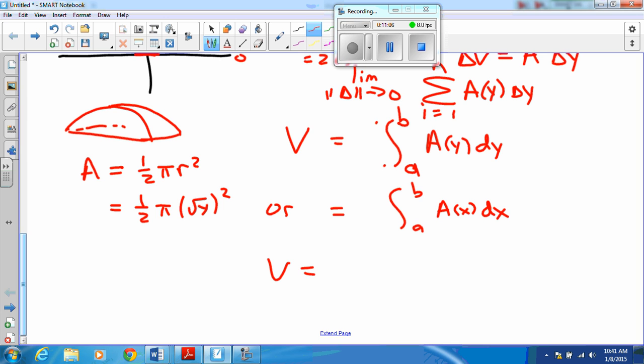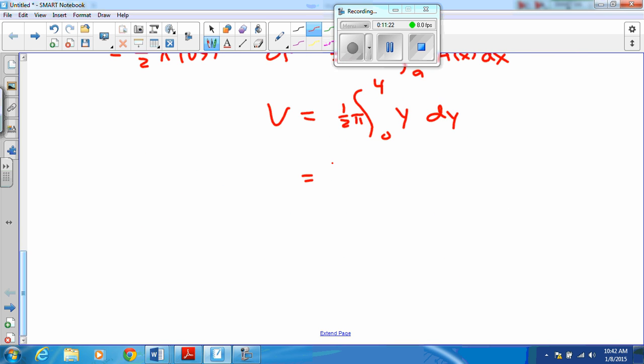So that I can now write volume is going to be the integral from 0 to 4 of 1/2 pi times y dy, which is a really easy integration. Which gives me 4 pi.